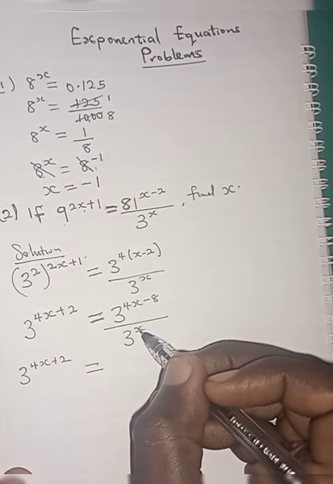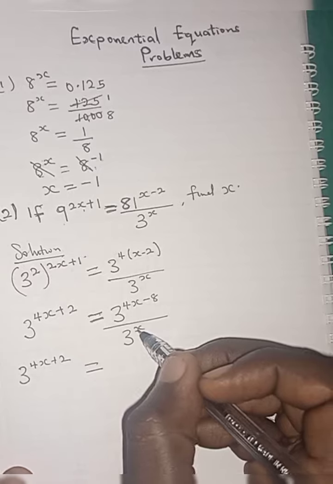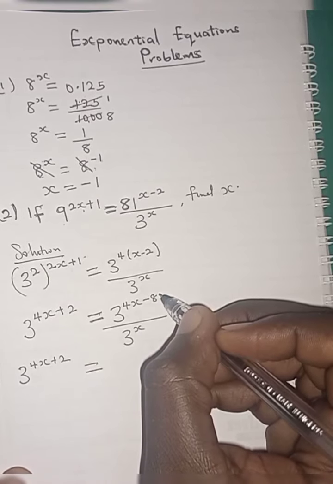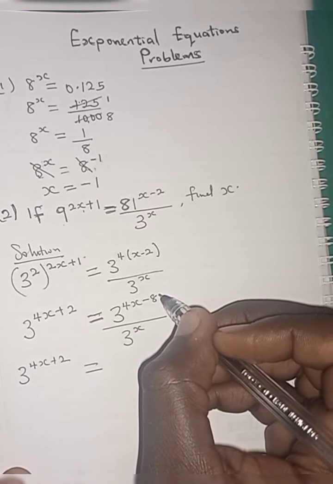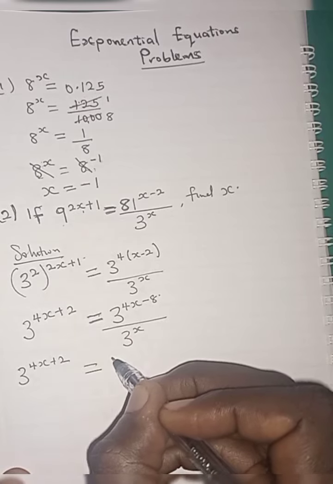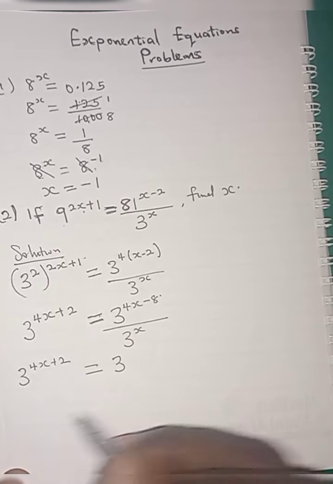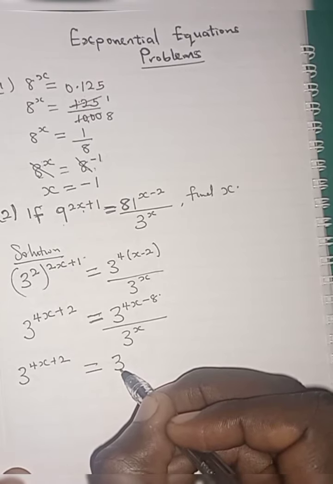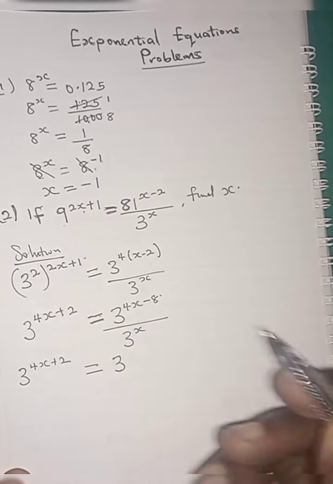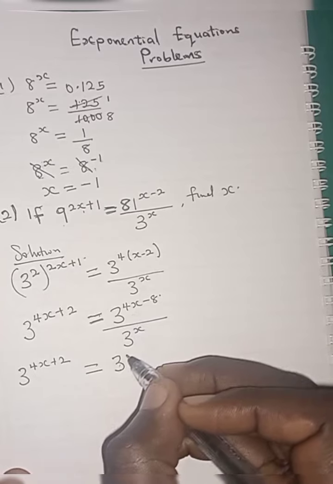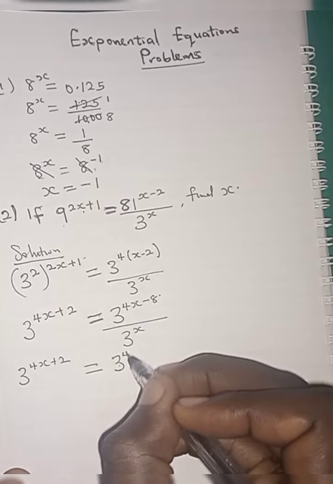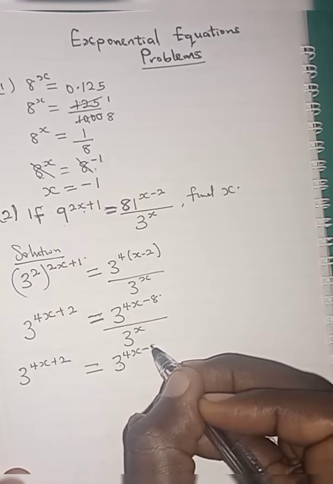Then the index of this we bring up. For the index to come up, we use just one base because 3 is common, so we use only one 3.